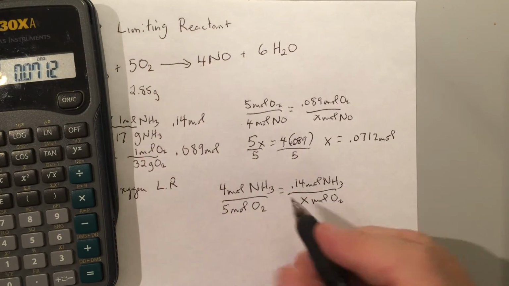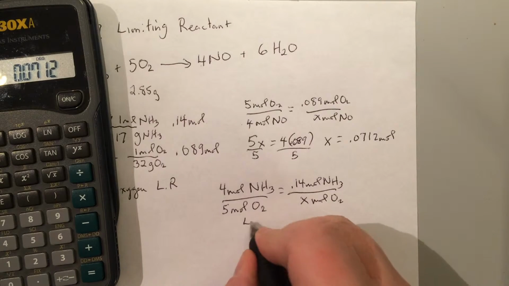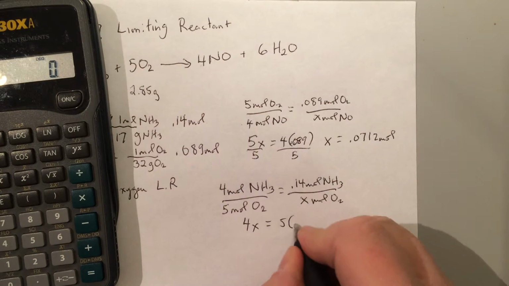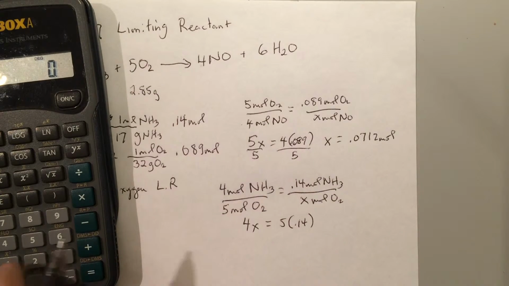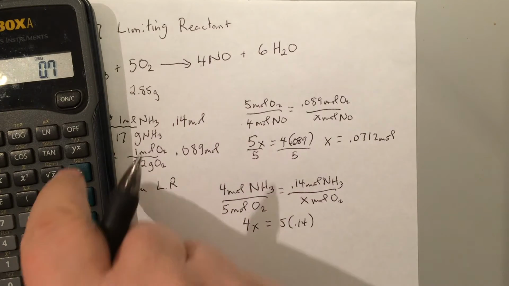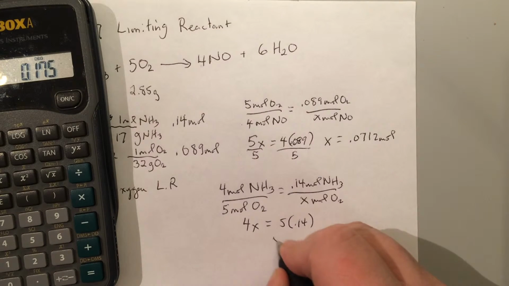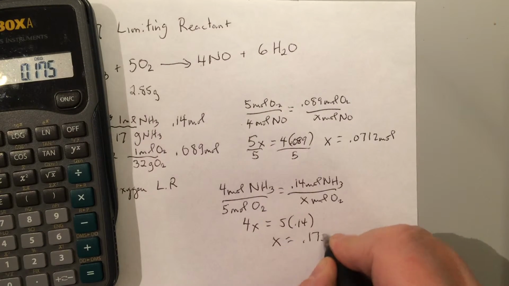Okay, so let's look at it. This is going to be 4X equals 5 times 0.14, and X is going to be 0.175.